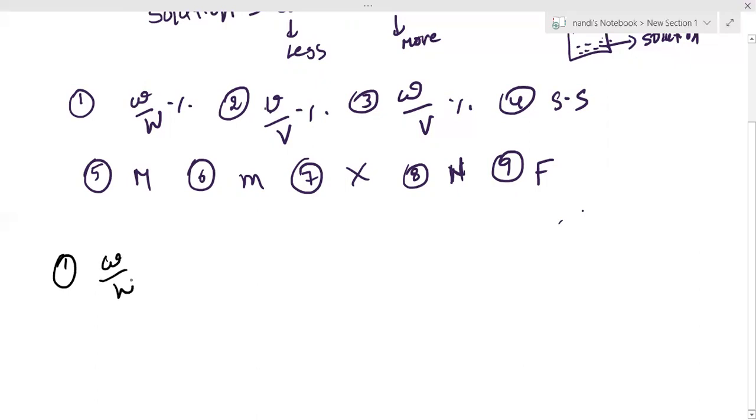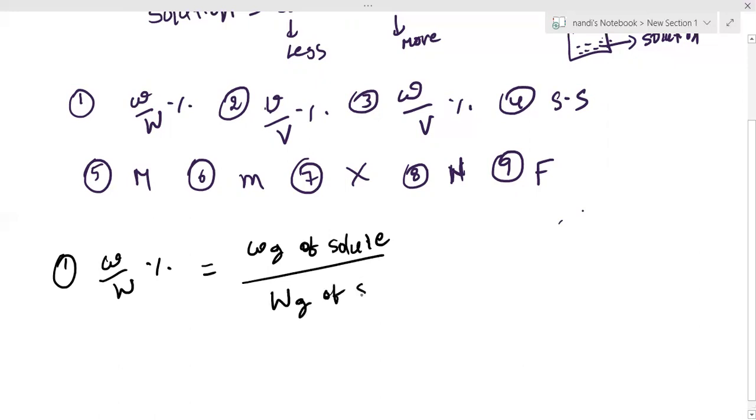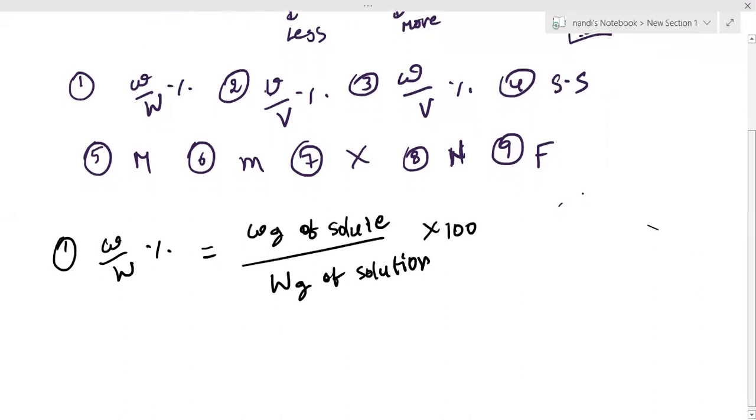W by W percent means W grams of solute dissolved in capital W grams of solution. This is a percentage, that's why I am multiplying by 100. With an example we'll discuss the meaning also.